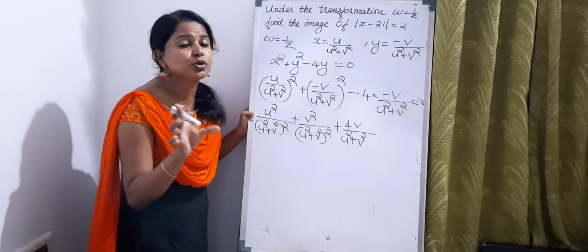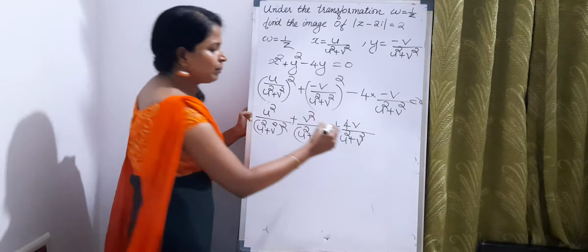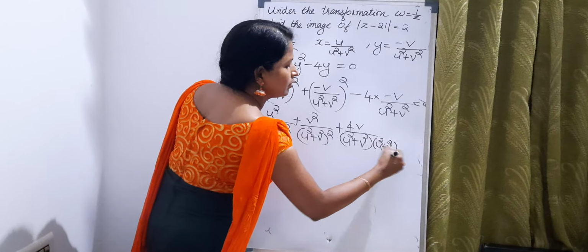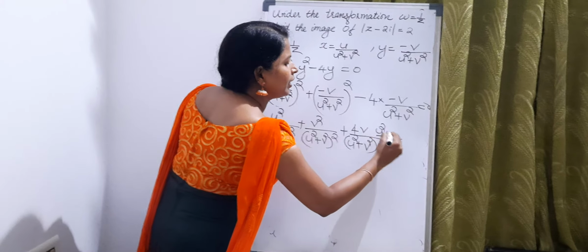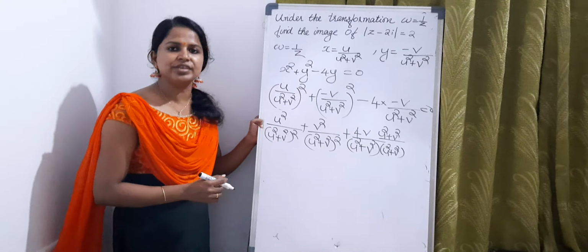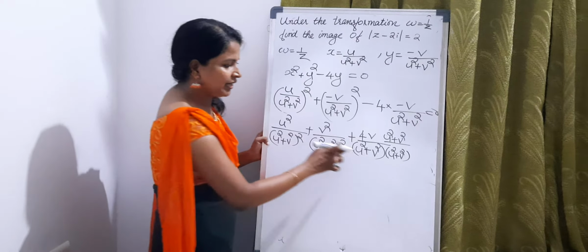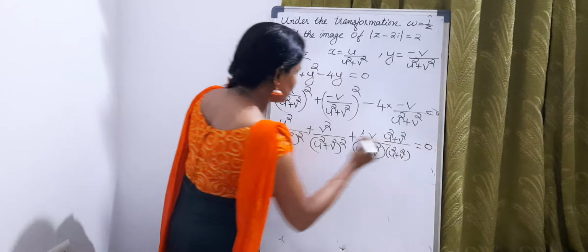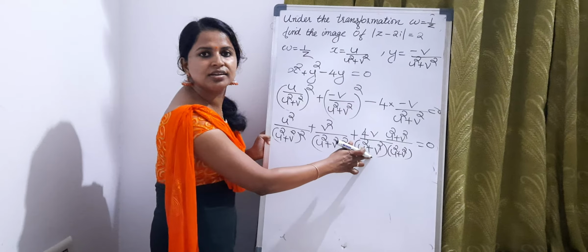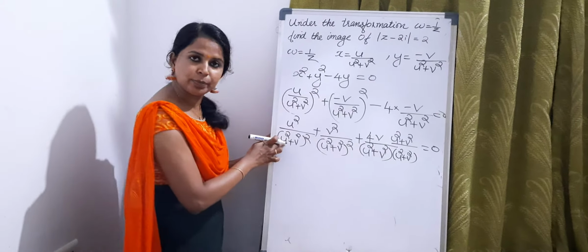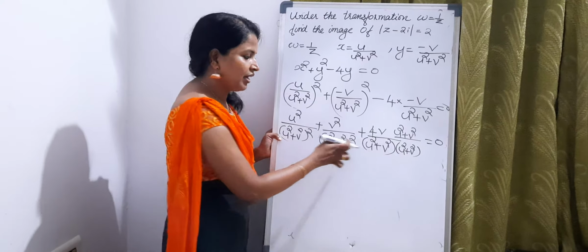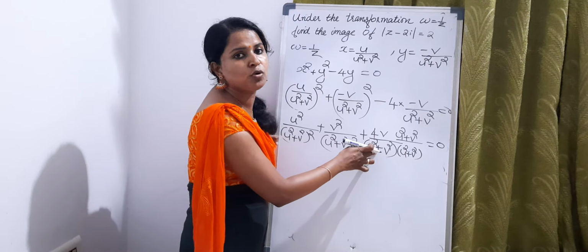This last term has denominator u square plus v square, so we multiply numerator and denominator by u square plus v square. Then the denominator is (u square plus v square) whole square. So all the denominators are the same.